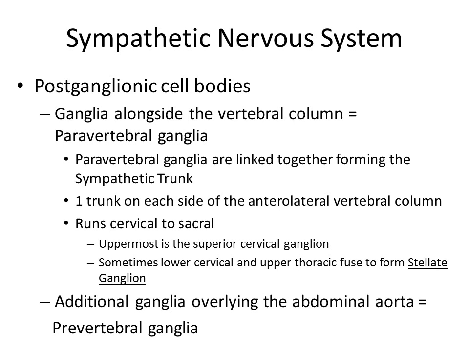You may have heard the term stellate block if somebody has had chronic pain, particularly in conditions such as chronic regional pain syndrome. They will sometimes go in and inject this ganglion in order to stop the sympathetic nerves from causing too much vasoconstriction in the limbs.